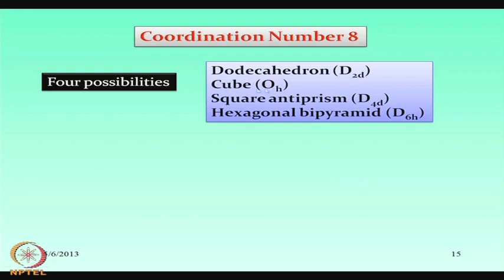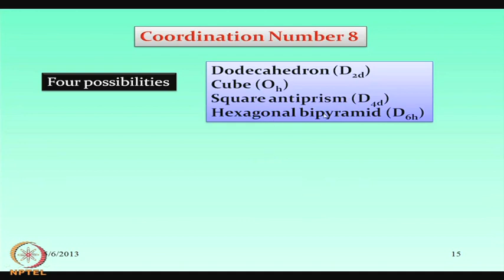Then the cube is the square prism, like that we are relating the octahedron with the trigonal prismatic structure, but if we go for a square antiprism structure, the symmetry level will change from OH to D4D. Then we have the dodecahedron geometry, which has a D2D level, and the hexagonal bipyramid like our pentagonal bipyramid.